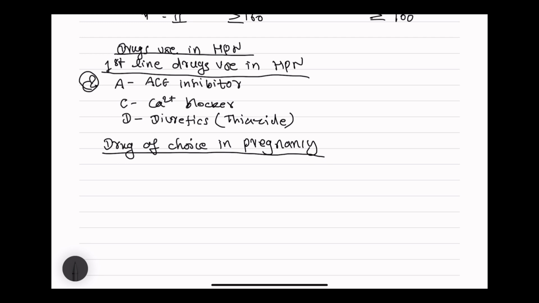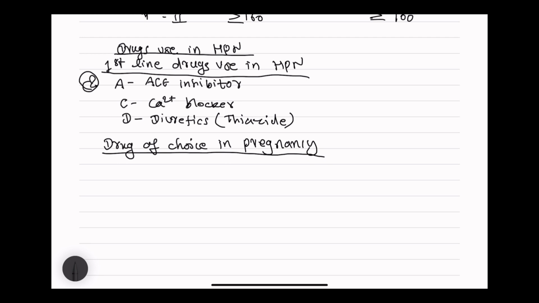I will discuss it in two ways. The first is how the JNC 8 recommended the drugs in pregnancy, and in the second I will give you the standard book guidelines, how Harrison recommended the drugs in case of pregnancy.